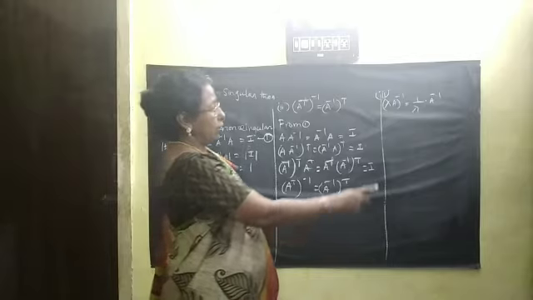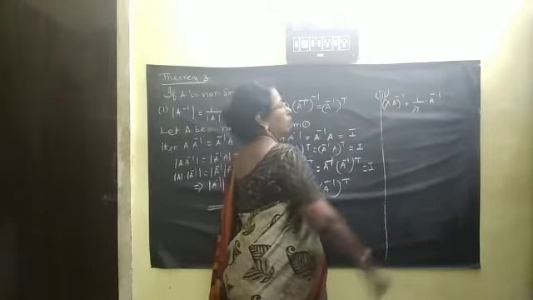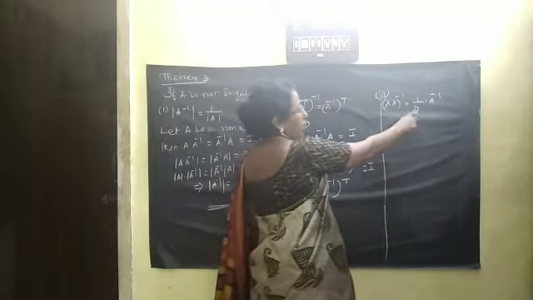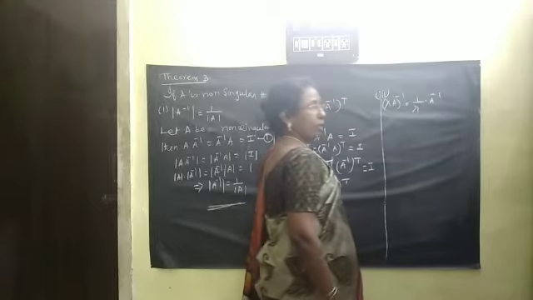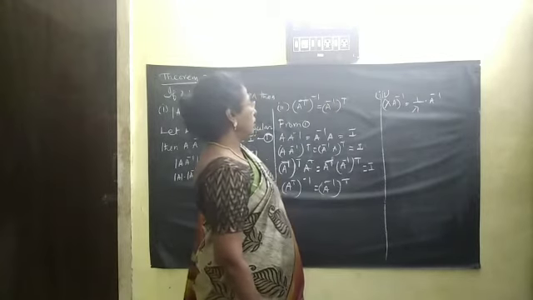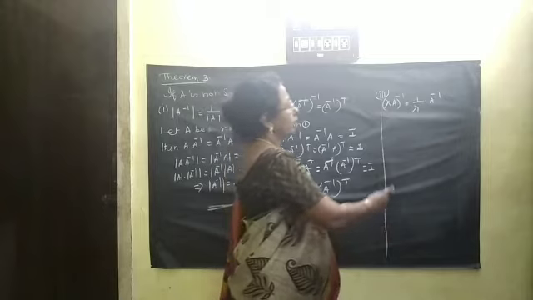Now the third property is lambda A the whole inverse is equal to 1 by lambda into A inverse, where lambda is a constant.